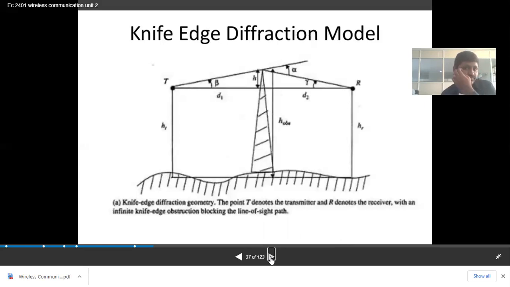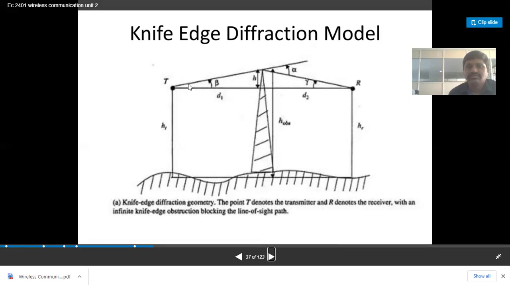So this is the knife edge diffraction model. In the knife edge diffraction model, the transmitter and receiver have the same height. The line of sight is obstructed by an element, like a mountain.